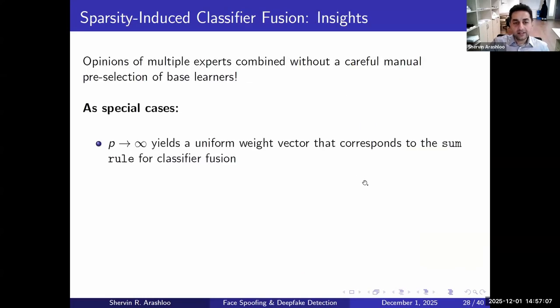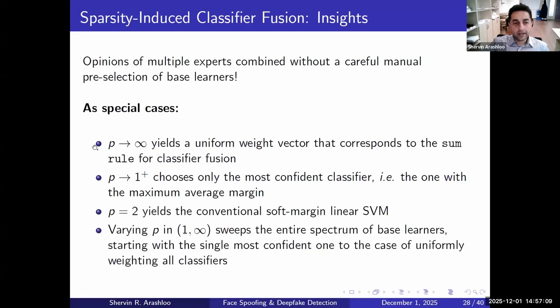So a few insights about this fusion. By taking the limit of p to infinity, all classifiers receive uniform weights, so it simplifies to the sum fusion rule. In the limit of setting p to 1, we will choose the single most confident classifier in the sense of maximum average margin.